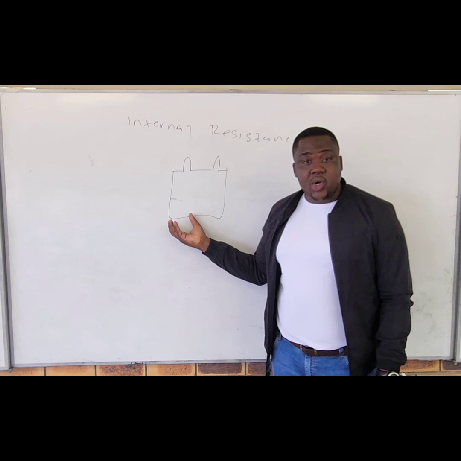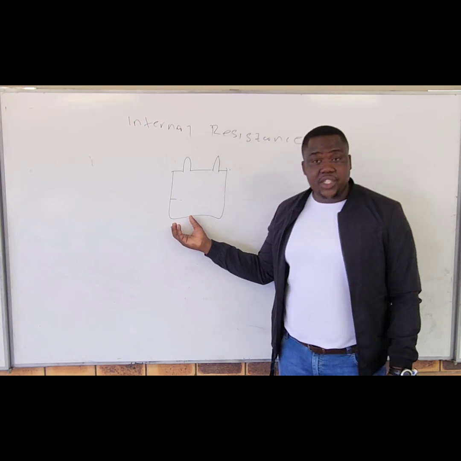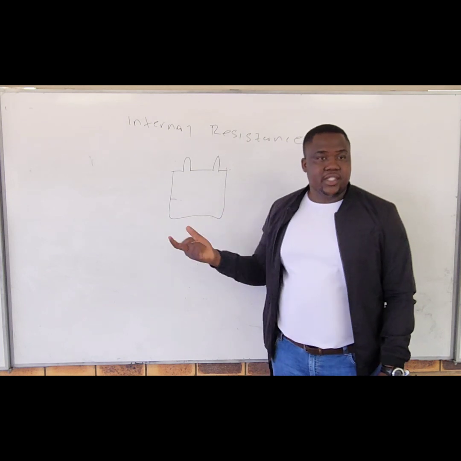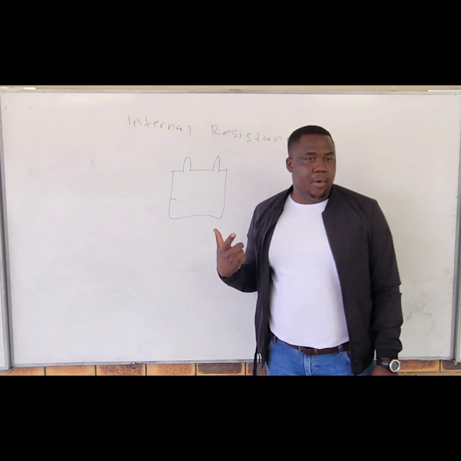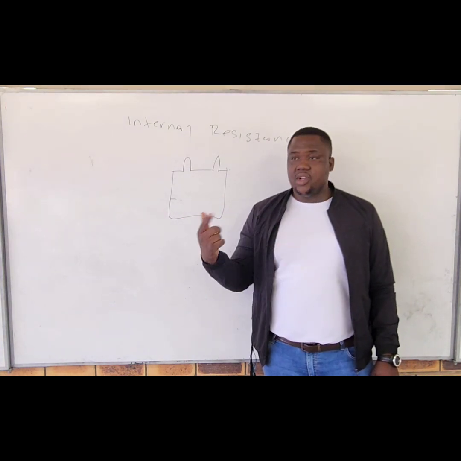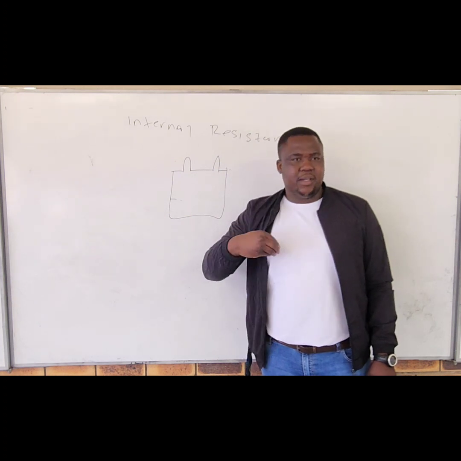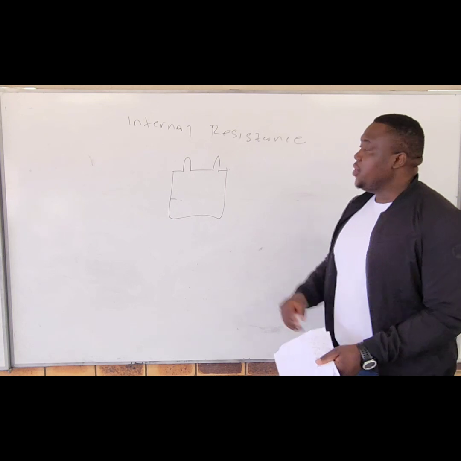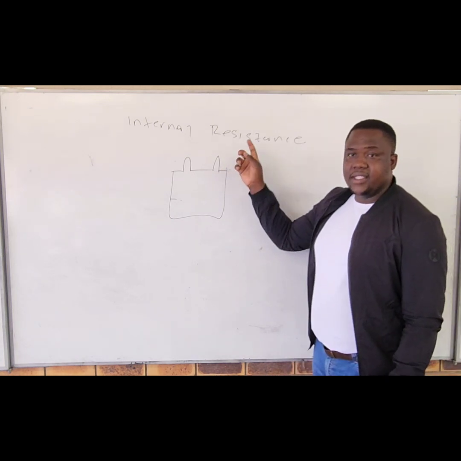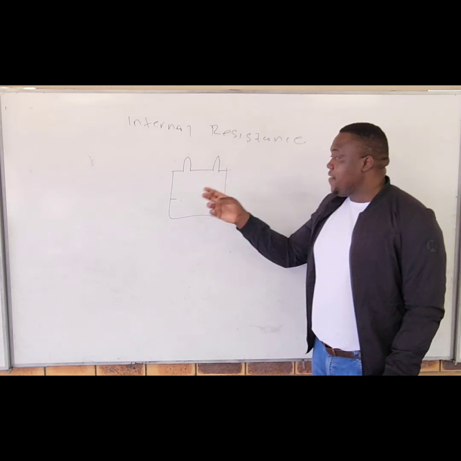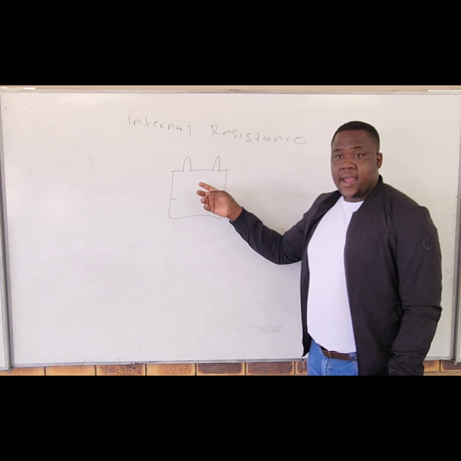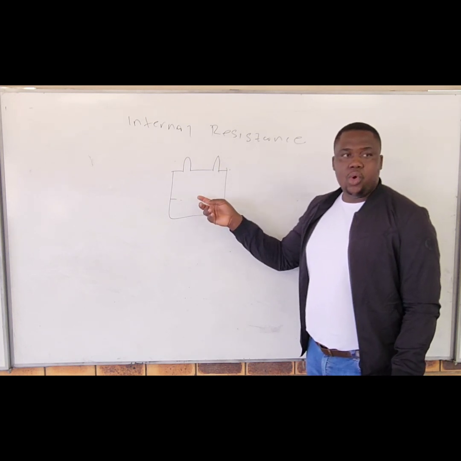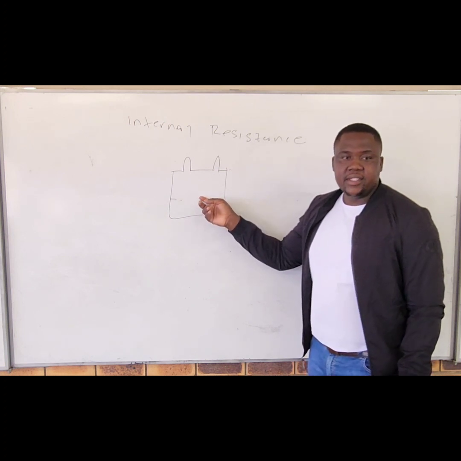The battery gets warm because of internal resistance, which causes some of the energy inside the battery to be lost in the form of heat. And when it is lost as heat, it cannot be converted back. So internal resistance affects the battery by causing some of its energy to be lost in the form of heat.